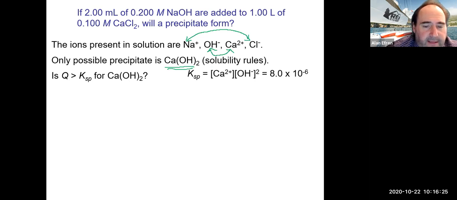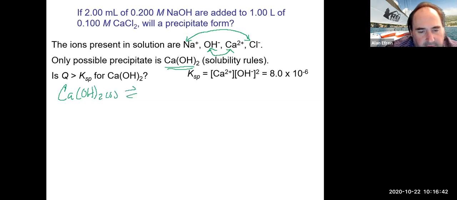Now the Ksp for calcium hydroxide, if we look it up on a table, is 8 times 10 to the minus 6. So to calculate Q, first off, since calcium hydroxide is our only possible solid here, we would write our reaction.